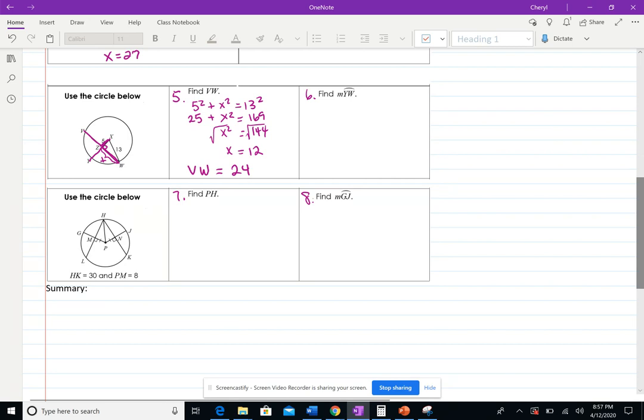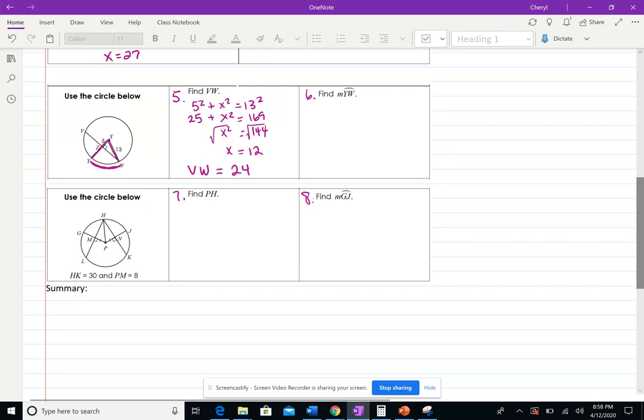Number 6 says find the measure of arc WY, or YW. So we're trying to find this arc here. What do we know? We know that a central angle is equal to its arc measure, right?